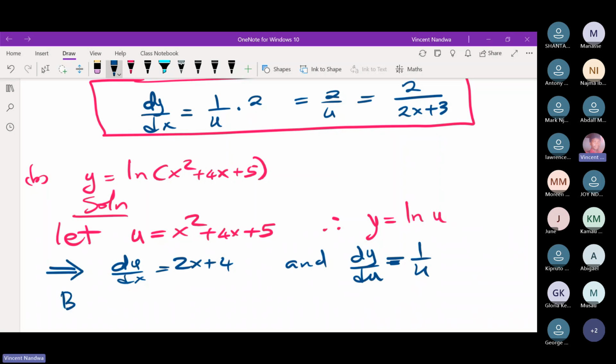So by chain rule, dy dx is the same as dy du times du dx.